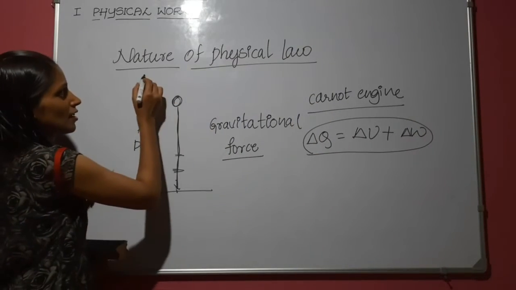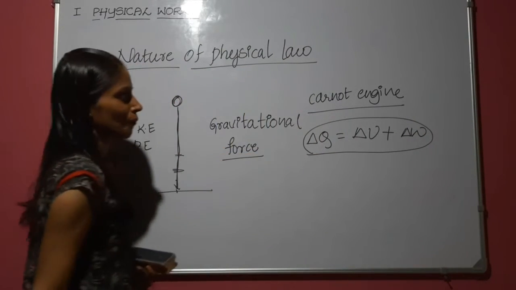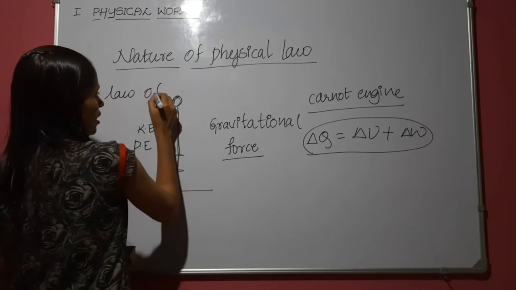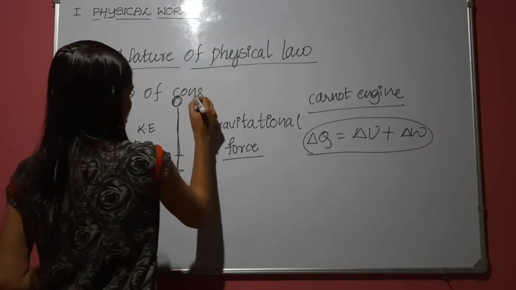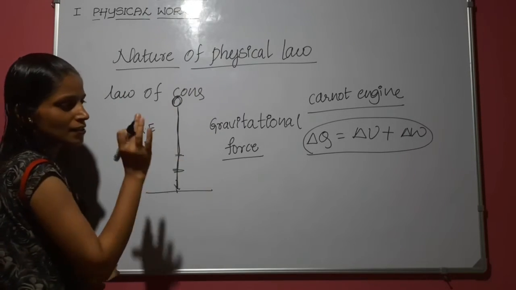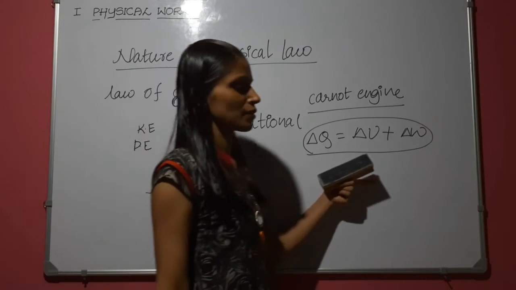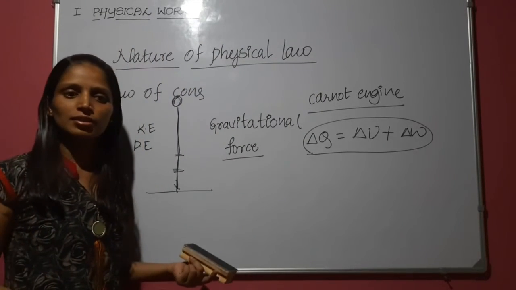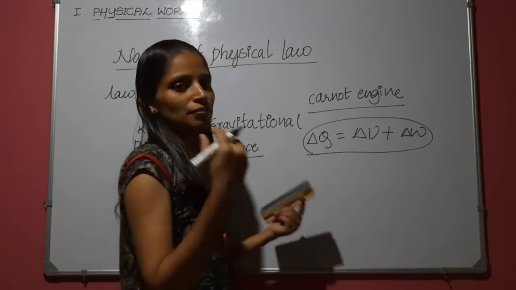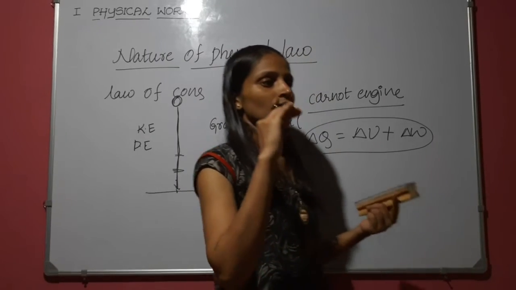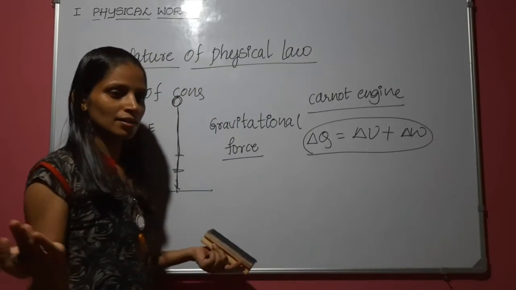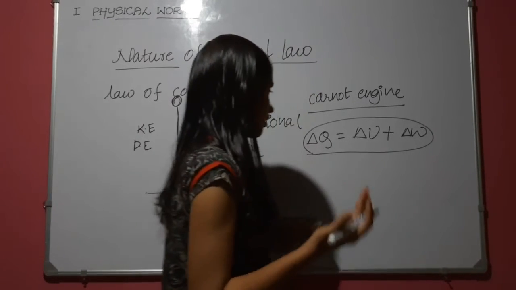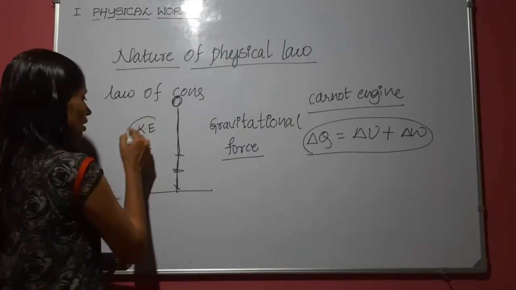That is the nature of physical law. So, law of conservation of energy. Here some physical quantity is constant. Here also a physical quantity is constant. Okay, energy can be converted into many forms. We can convert heat energy into mechanical energy and back into heat energy, sound can be converted.